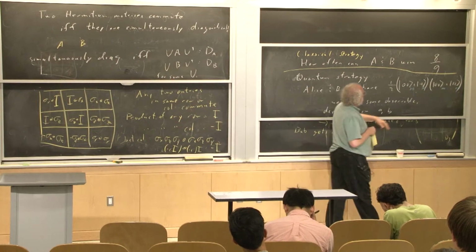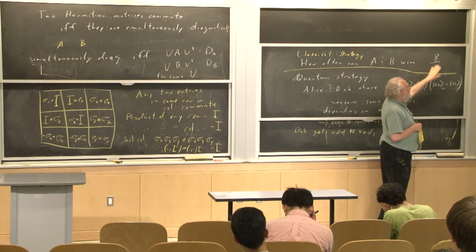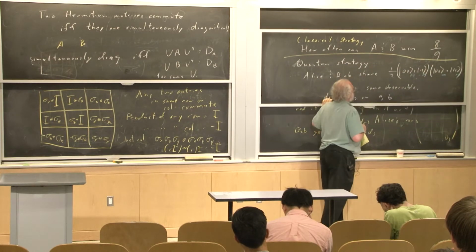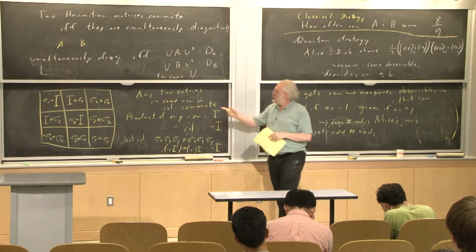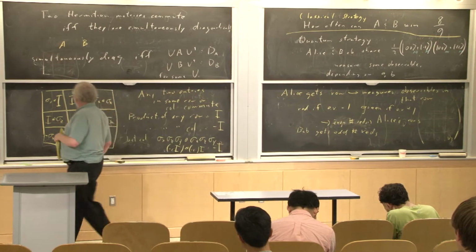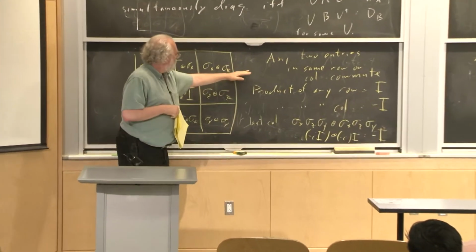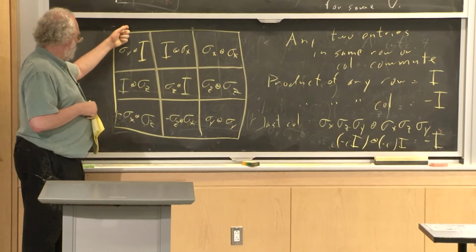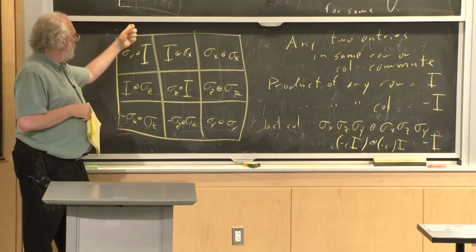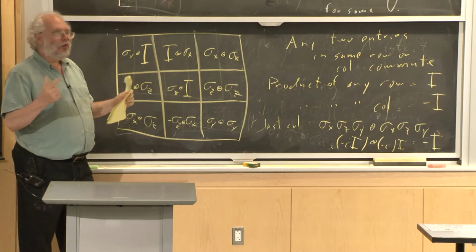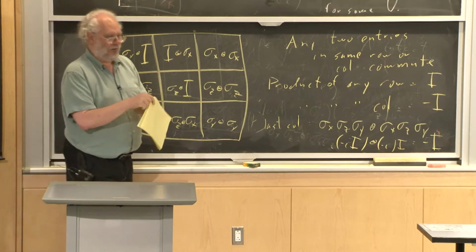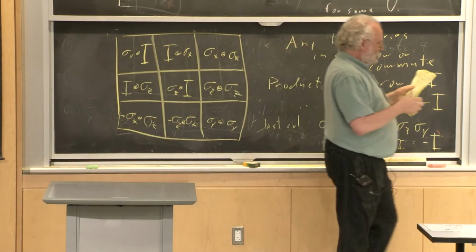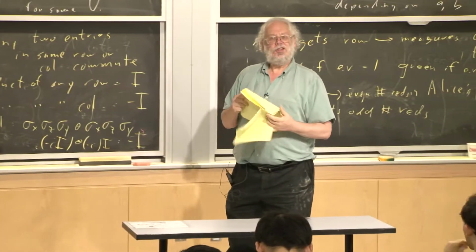And that's why they cannot win with probability more than 8/9. But a quantum strategy, because you have these observables, such that any product is identity in the rows, and any product is minus the identity in the columns, means they can always win. Any other questions?